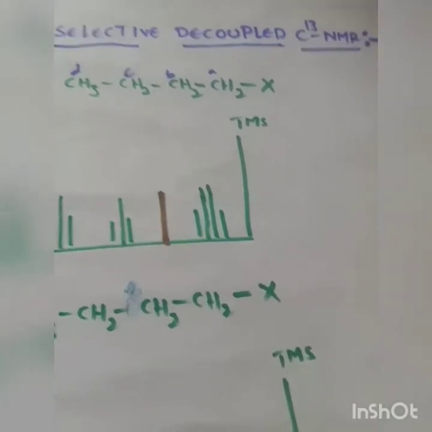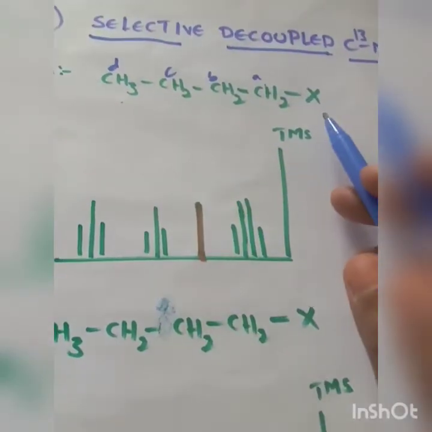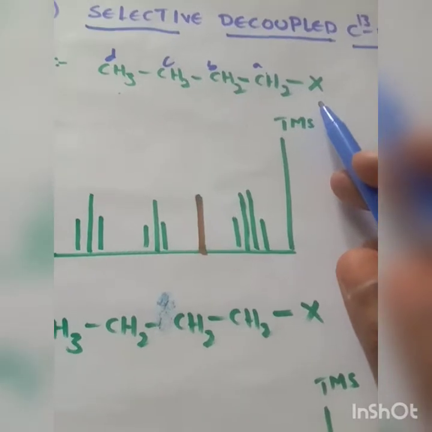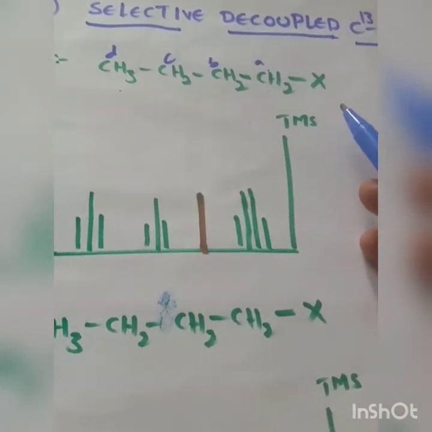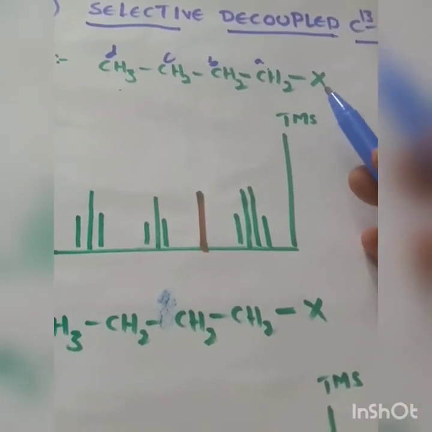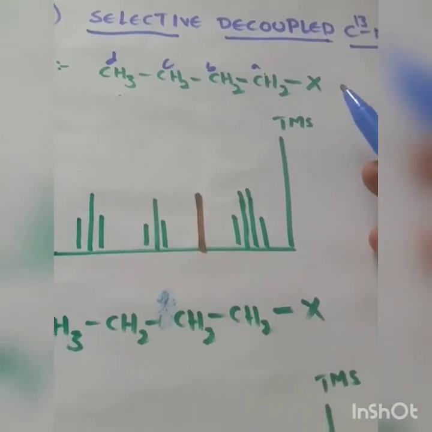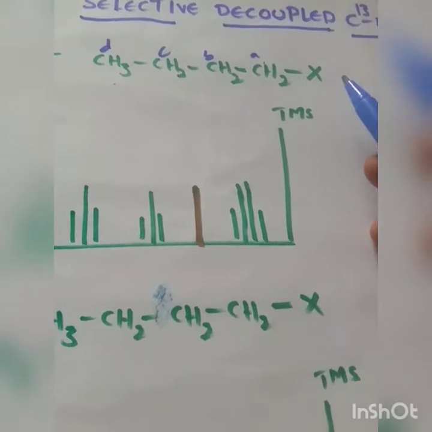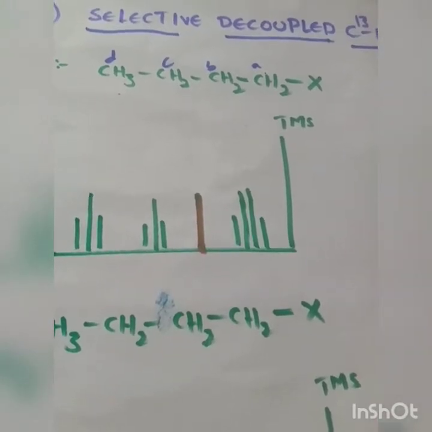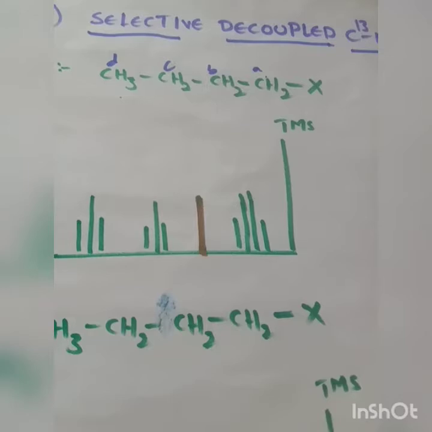In this molecule, only one selective carbon with hydrogens undergoes decoupling and gives a singlet in the spectrum.